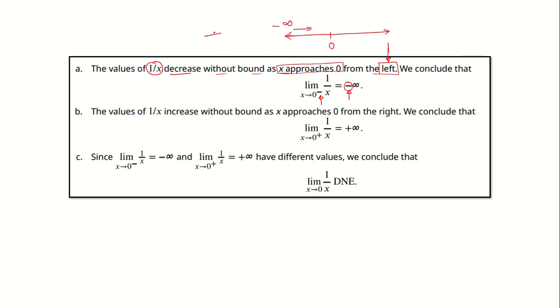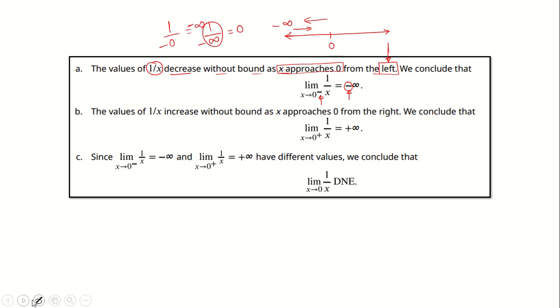Since 1 over infinity is 0, but we are approaching from the left, so, oh sorry, here 1 over 0, that is infinity, undefined, right? Since we are approaching from the left, that will move to negative infinity.